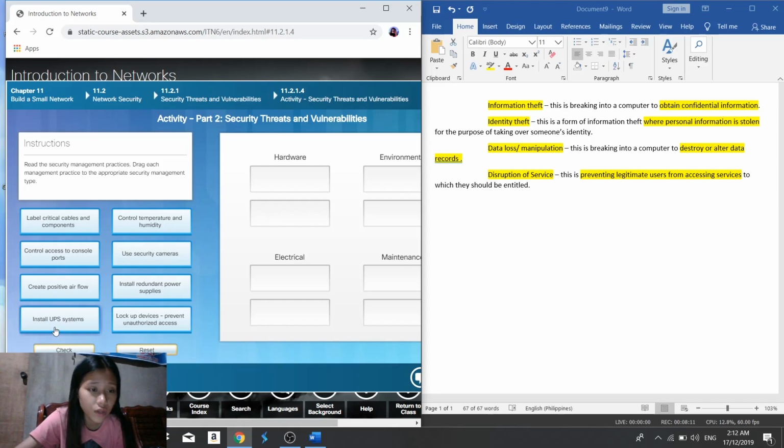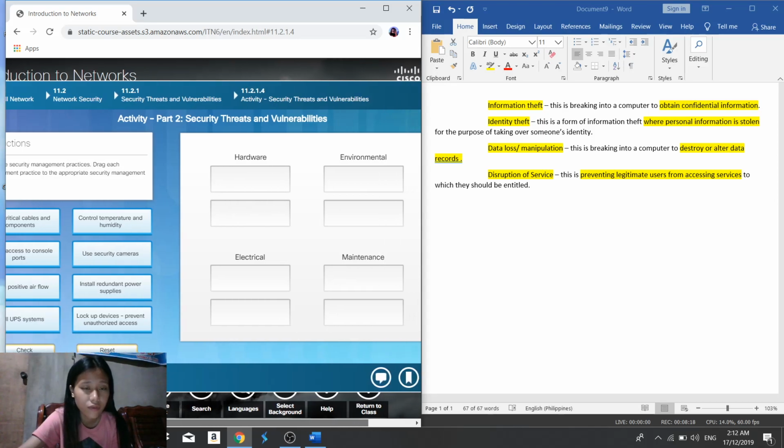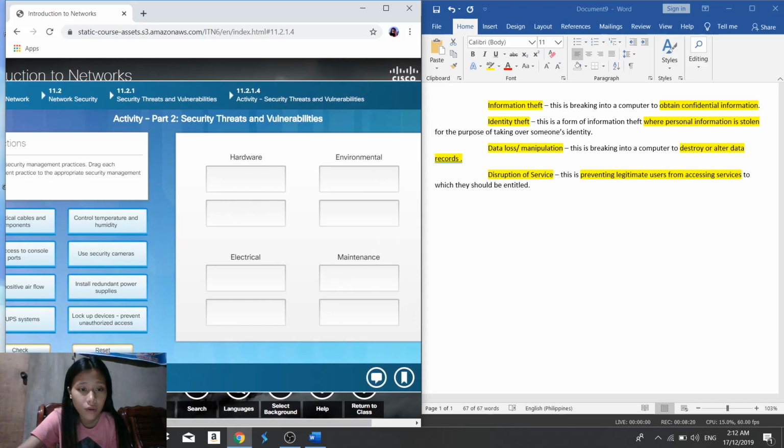So we have here again the security threats and vulnerabilities: hardware, environmental, electrical, and maintenance.